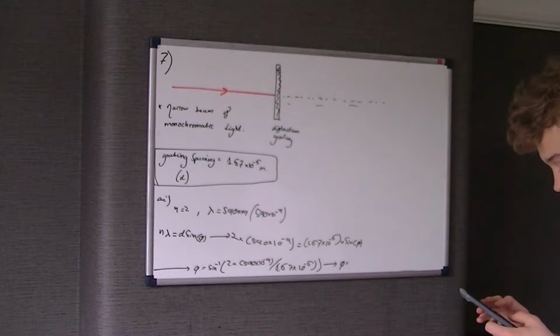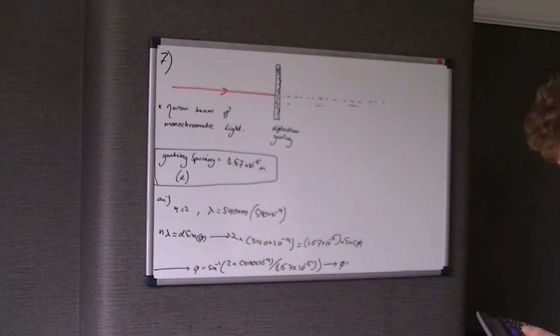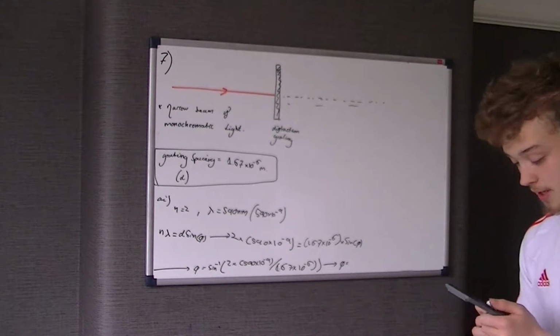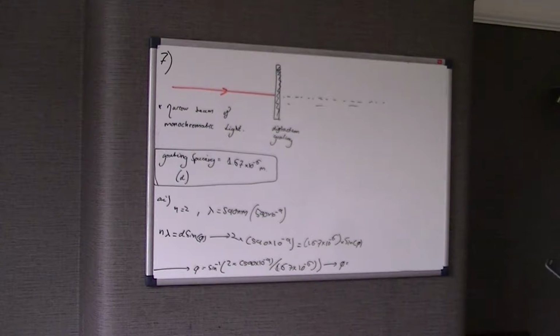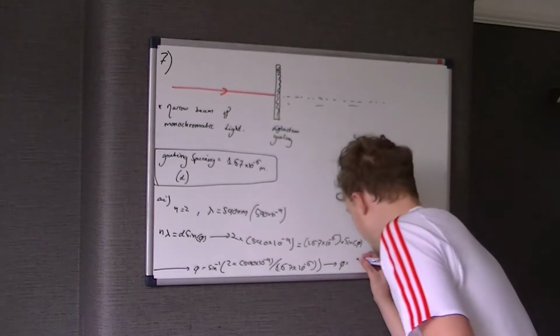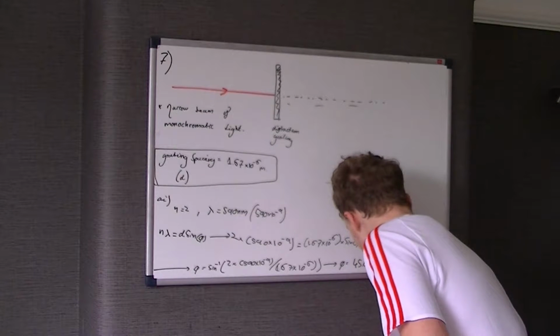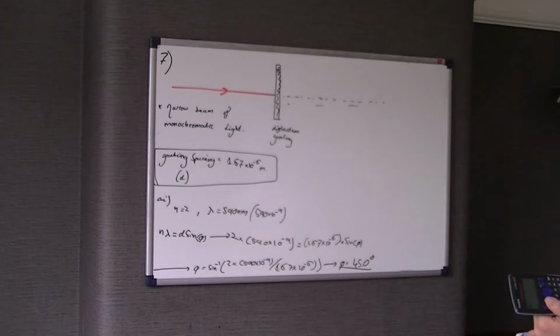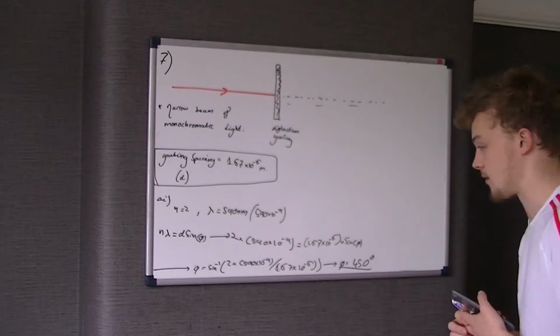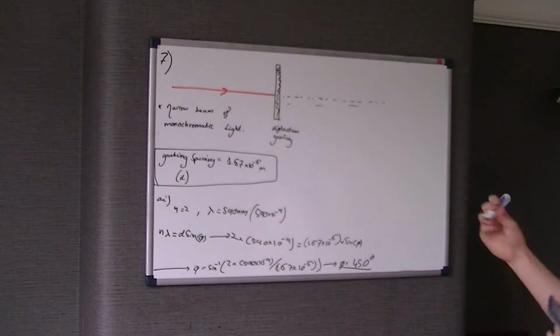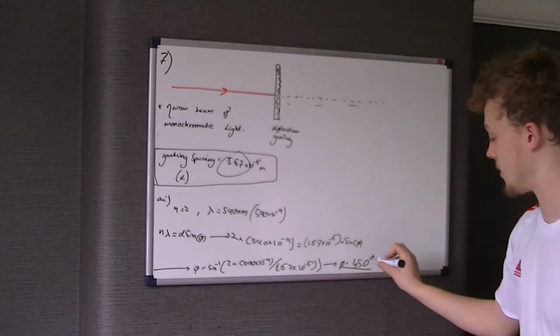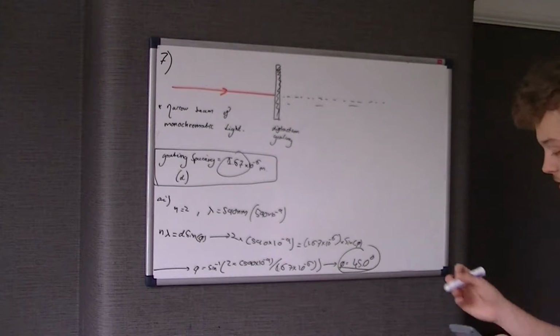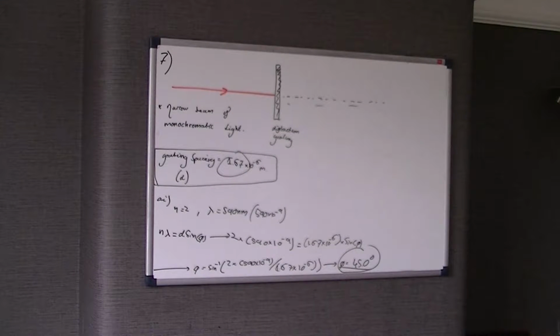Shove it in your calculator and you get 44.957, in other words, 45 degrees. The reason I've done that is technically to 3 significant figures, because the data is to 3, so you want to do that as well, but it's up to you, and it's not going to penalise you for that.